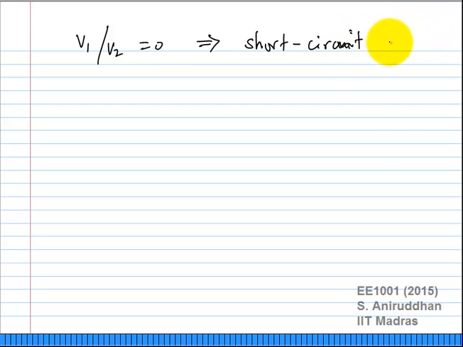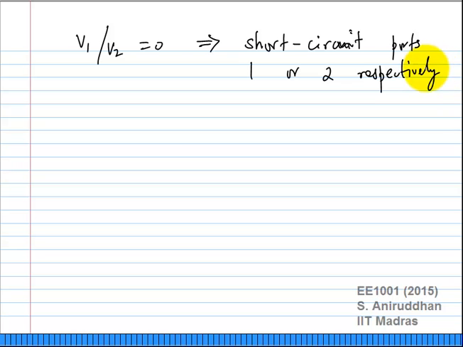So when I say V1 or V2 is 0, I short circuit ports 1 or 2 respectively.